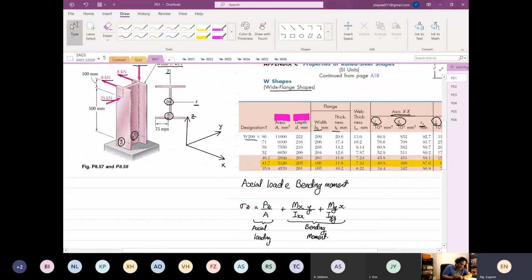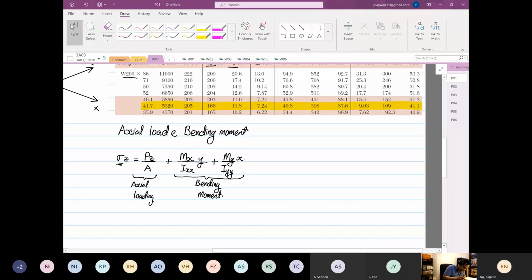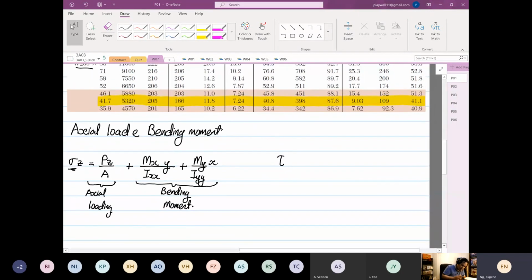What I want to highlight is that for this configuration, we're going to calculate the normal stresses in the Z direction. Then we are going to look at shear. Depending on the orientation, there are only two shears over here.